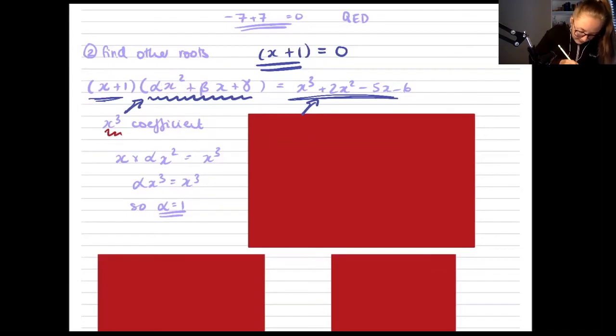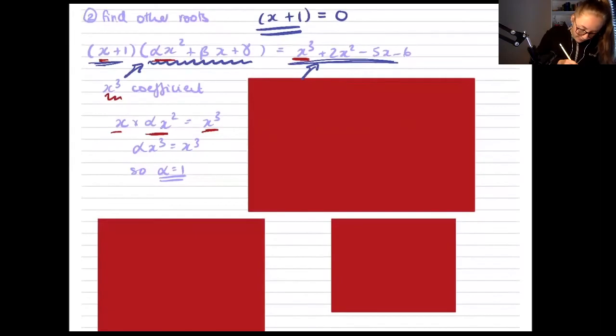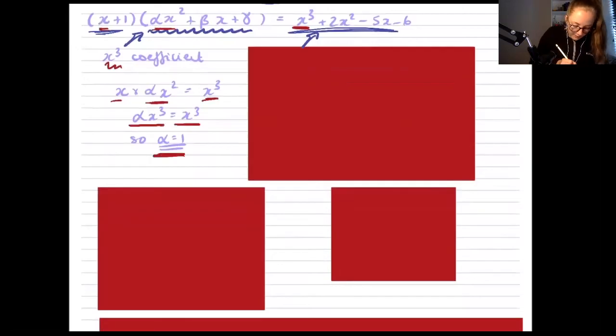So we can say that this x here, multiplied by alpha x squared, must be equal to this x cubed on this side. So alpha x cubed must be equal to x cubed. And the only way that can be true is if alpha is equal to 1.